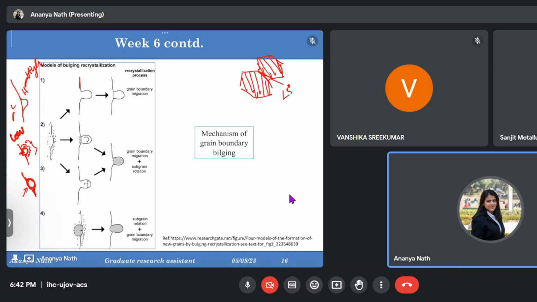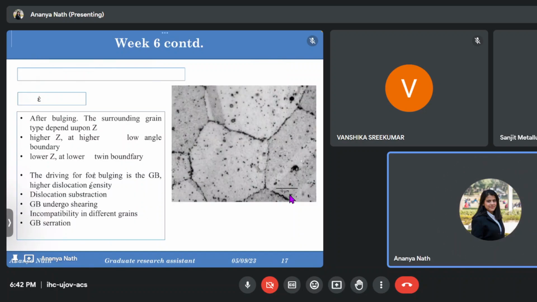Now the next important thing is SFE, the stacking fault energy. So we were taught that stacking fault energy should be high for recovery, but for this recrystallization part, we want low SFE. Because at the time of cold working, we wanted the dislocations to move very fast to get arranged only.